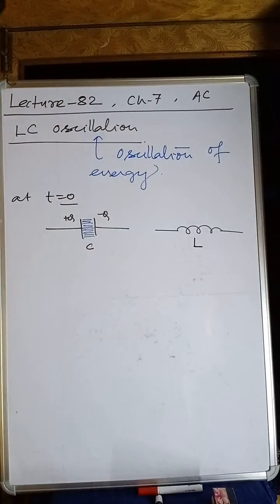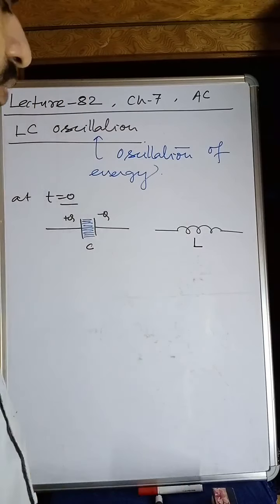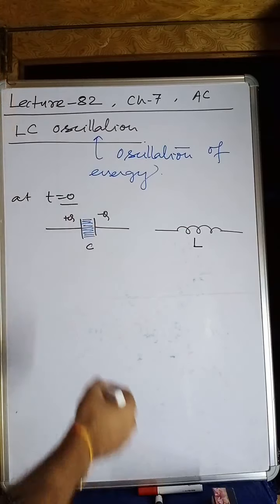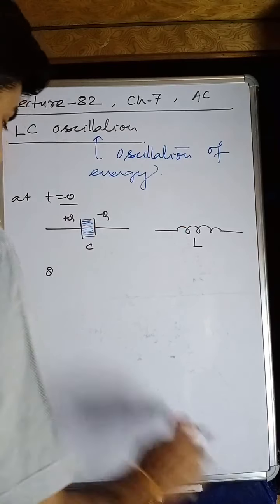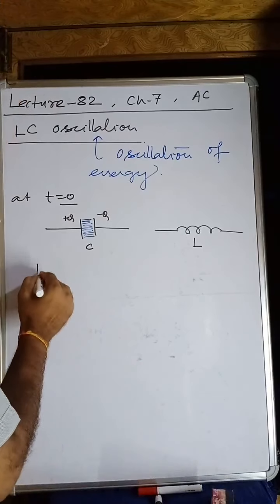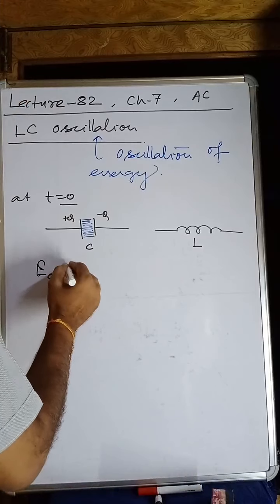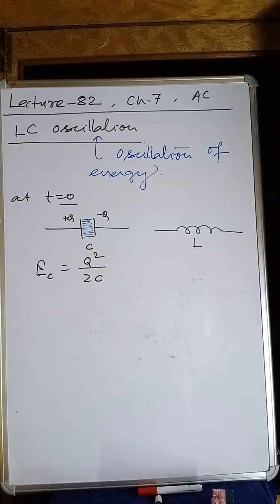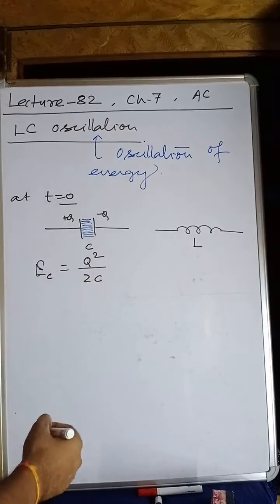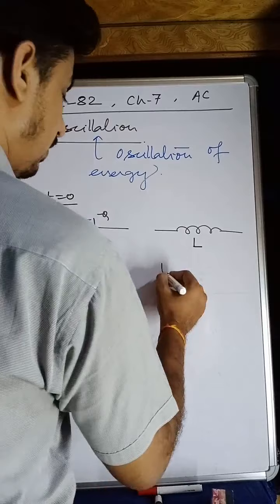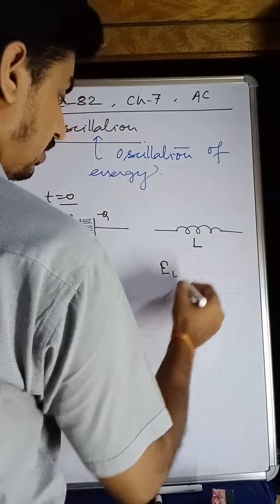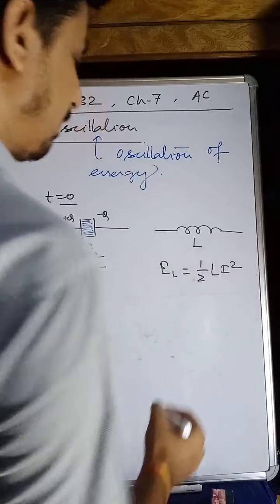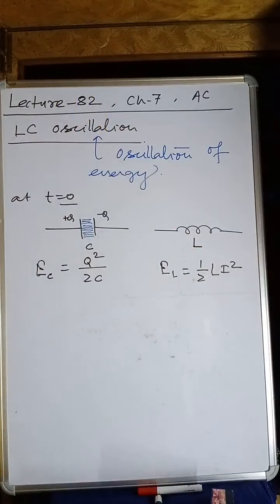Let me recall, my dear students, we have studied the energy across these two devices. The energy across the capacitor in terms of charge is Q square over 2C, where Q is the maximum charge of the capacitor. The energy in the inductor is half L i square, where i is the maximum current in the inductor.